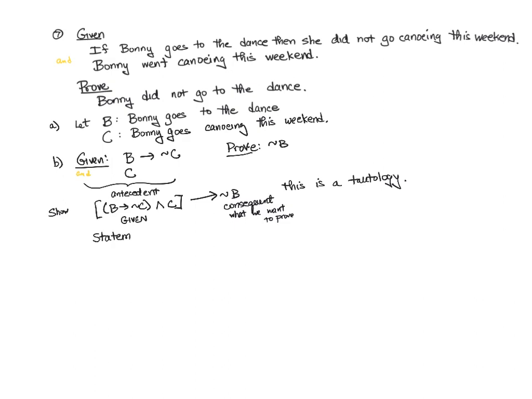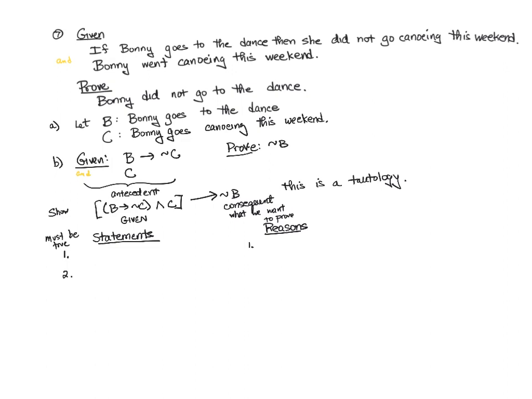So we have one column called statements and the other column called reasons. And for every statement, we write a reason, and we number our statements, and we number the corresponding reason. And whatever is placed in this statement column must be true. Okay? So it's understood that whatever goes in the statement column must be true.